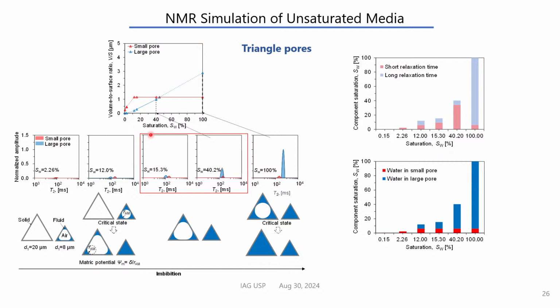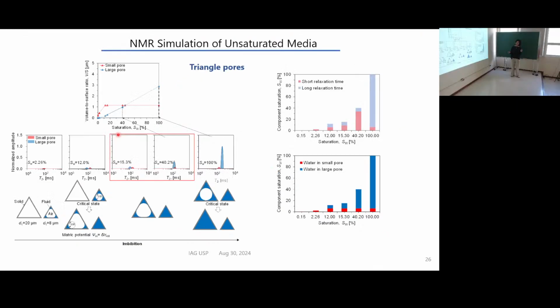And it is quite interesting to look at the triangle pores versus the spherical pores, and it also gives us an indication that if we have very good data sets, with a very nice signal to noise ratio, we probably can even tell from the NMR signals whether your pore is more like a triangle or a spherical one.